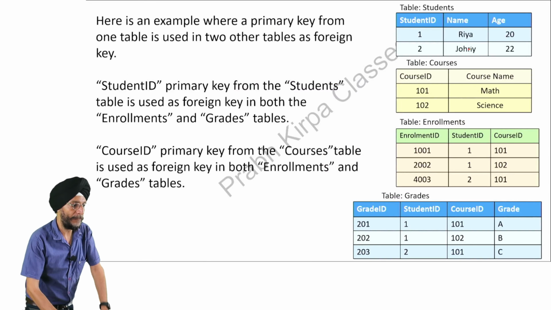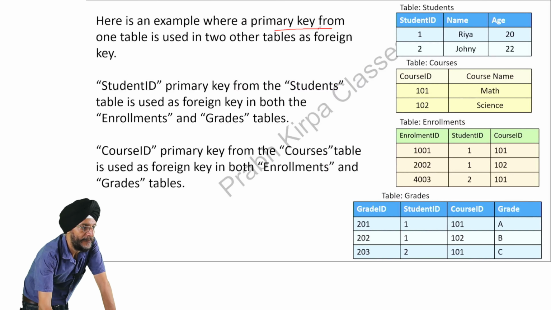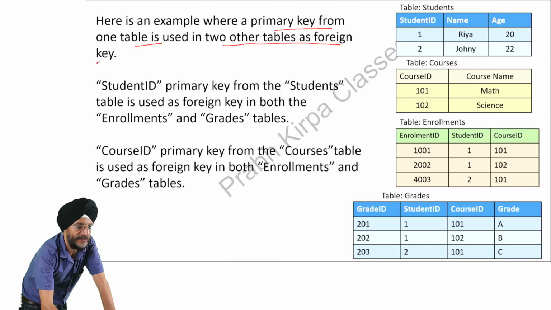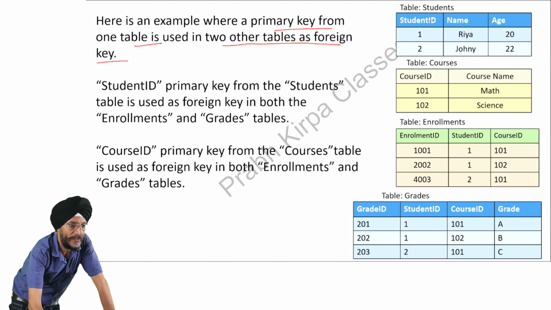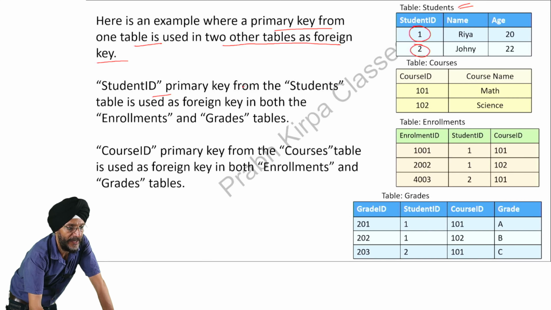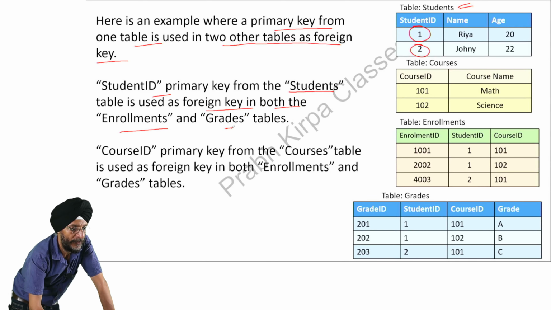Here is an example where a primary key from one table is used in two other tables as foreign key. You can see these are the student IDs in the students table. Student ID from the students table is used as foreign key in both the enrollment and grades tables.